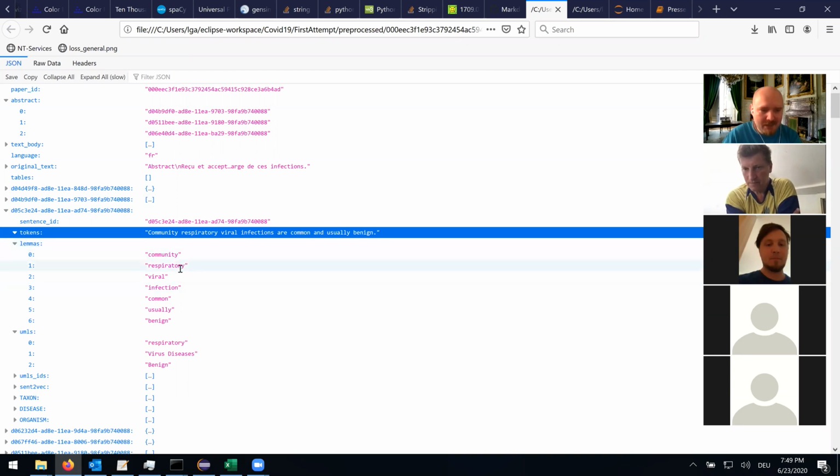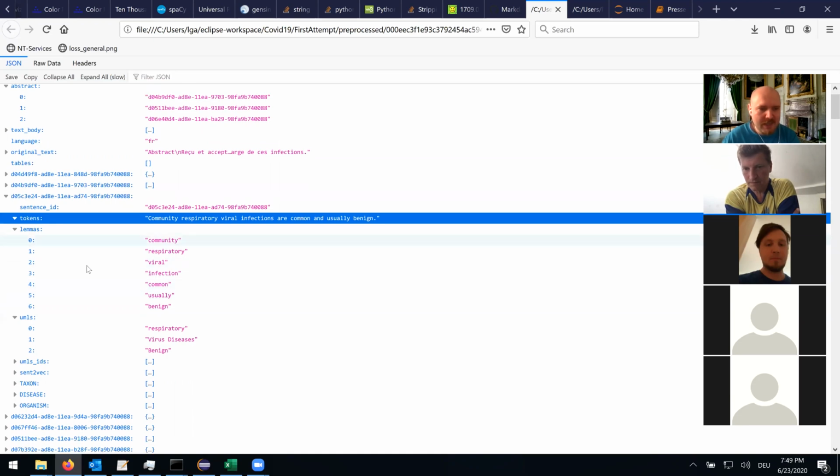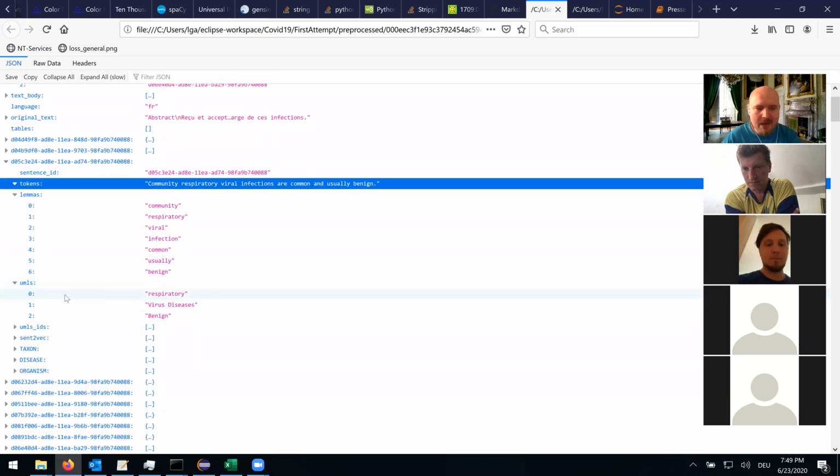Then we have lemmas, with function words removed because we are not interested in them. And then we have UMLS terms identified by this big Science-Spacy model, for instance respiratory virus disease, based on all possible medical vocabulary.